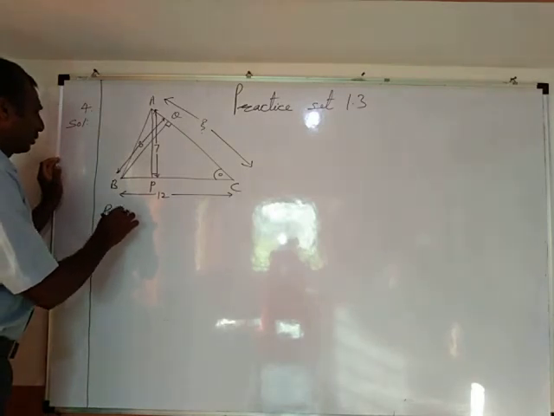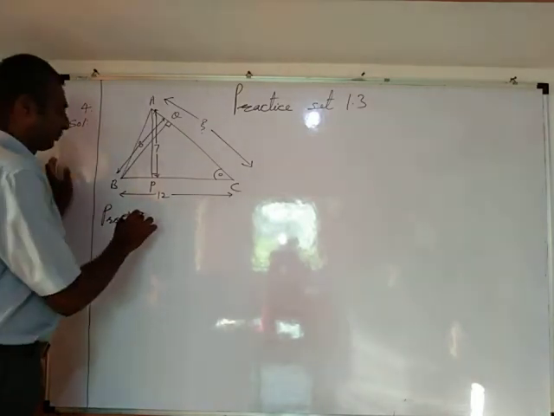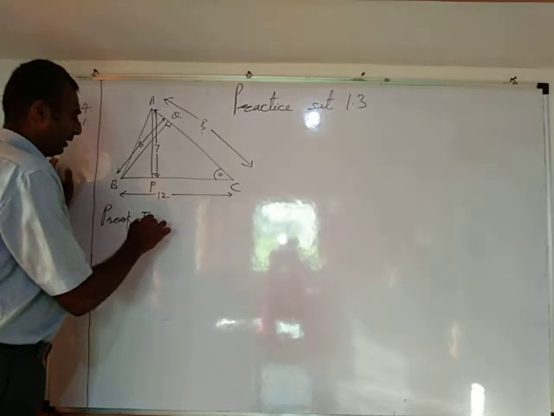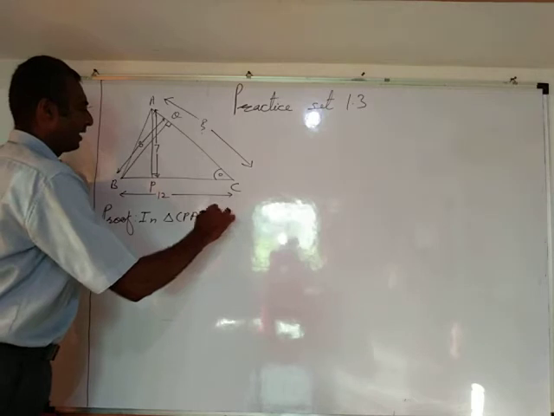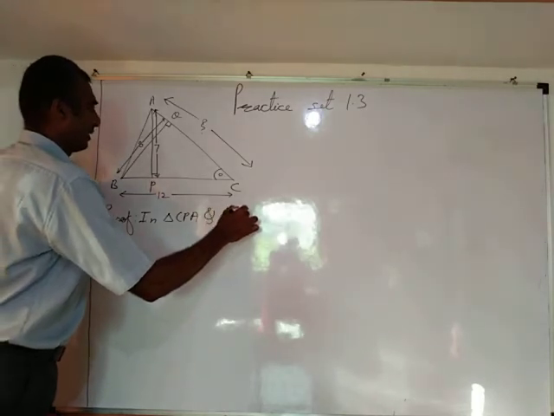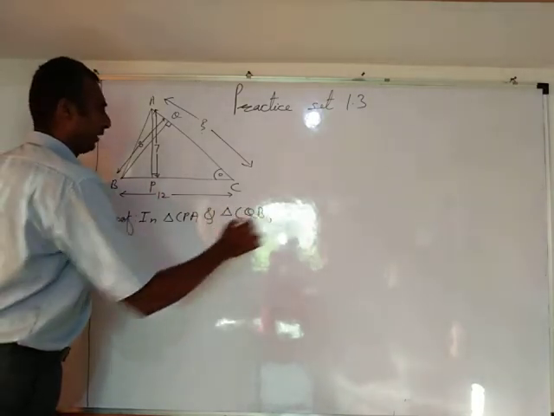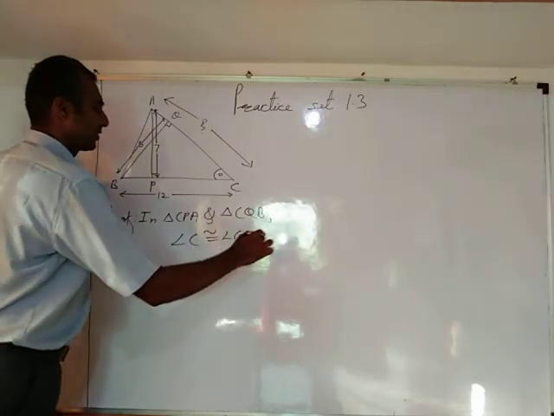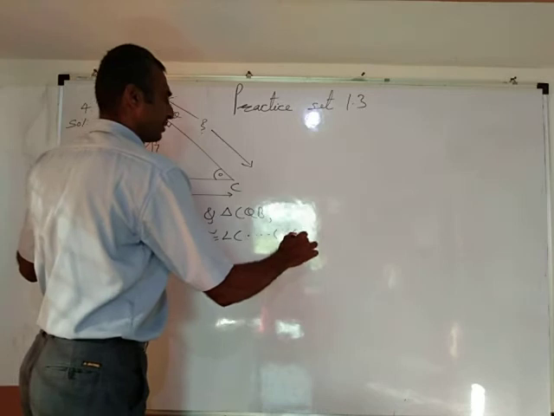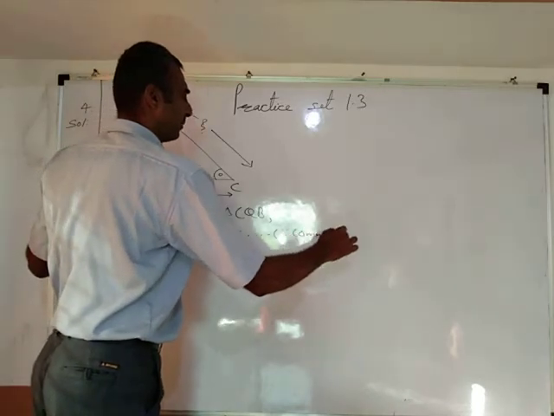Question 4, solution, proof. In triangle CPA and triangle CQB, angle C is congruent to angle C, since common angle.